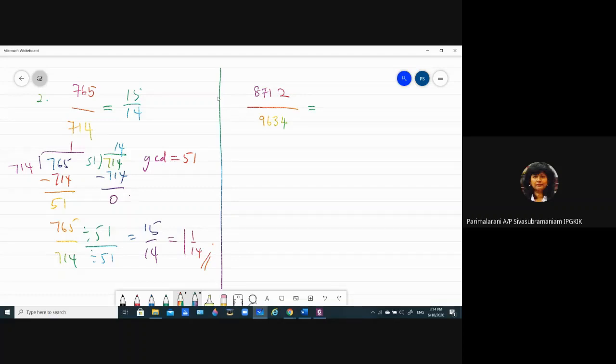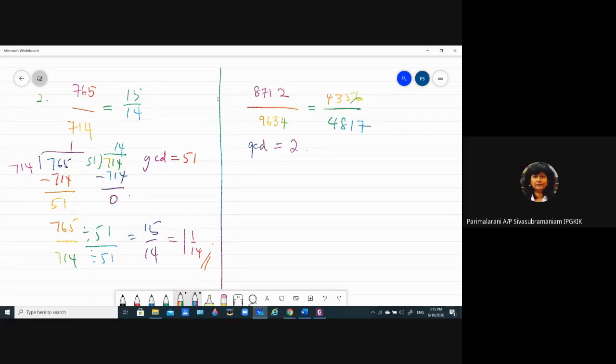So this is quite easily done, you can find the GCD quite fast. This one, what is your answer? 4356/4817. Yes, correct. But finding the GCD was quite long. The GCD is actually equal to 2. Although they are both even numbers, you think you can divide by a bigger number, but when you do the GCD, you find that you cannot.